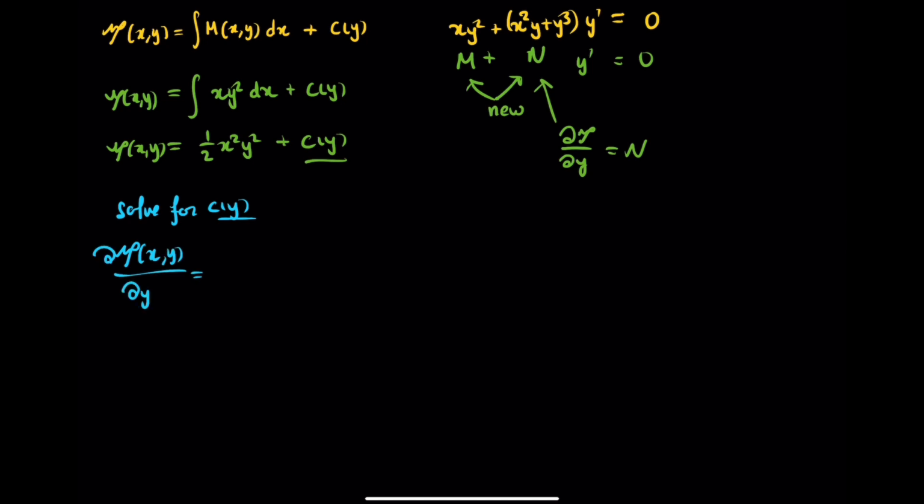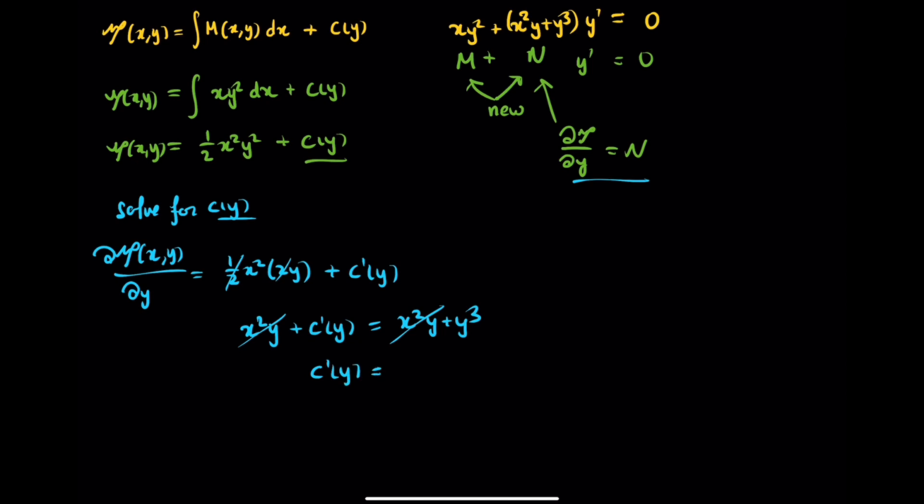So then that's 1/2 x squared times 2y plus c prime of y. And as you can see, this half will cancel, and you're left with x squared y plus c prime of y, and this is equivalent to N, right? Because we did this here. So N is x squared y plus y cubed. And so these x squareds cancel. c prime of y is just y cubed.